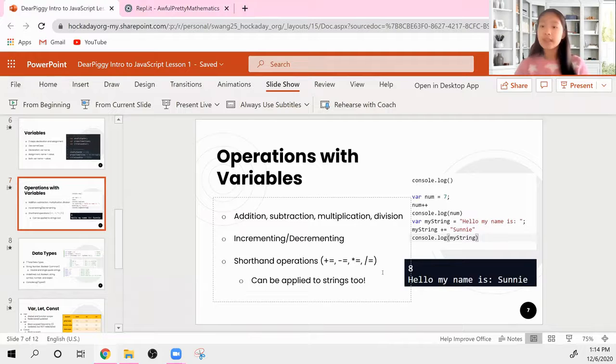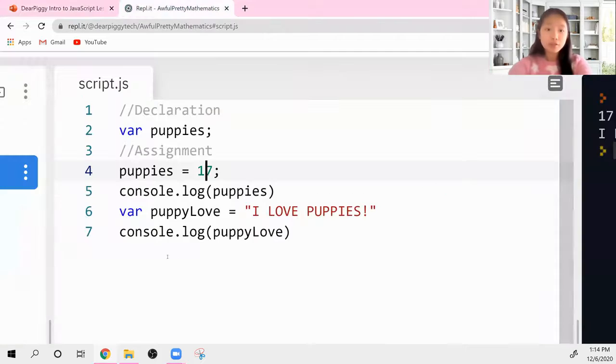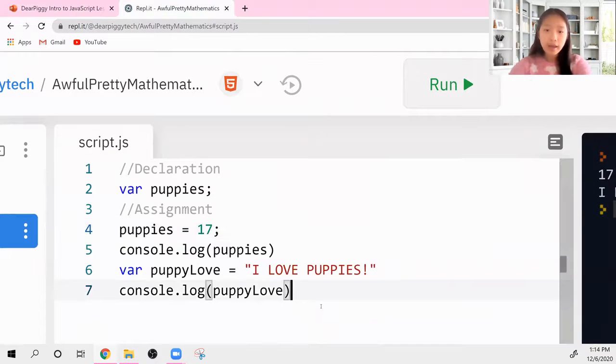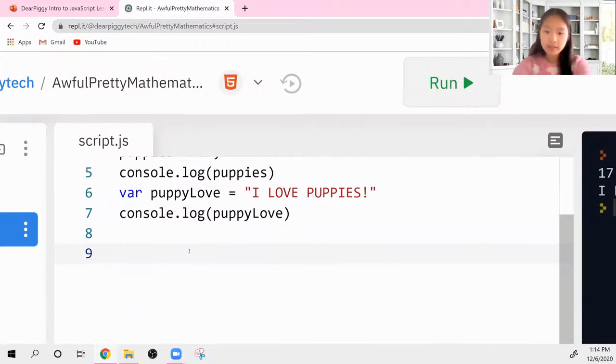Operations with variables. Just like math, we can do addition, subtraction, multiplication, and division with variables, assuming that these variables have a number value. So let's just go ahead and use a comment over here. We see that this plus sign stands for addition.